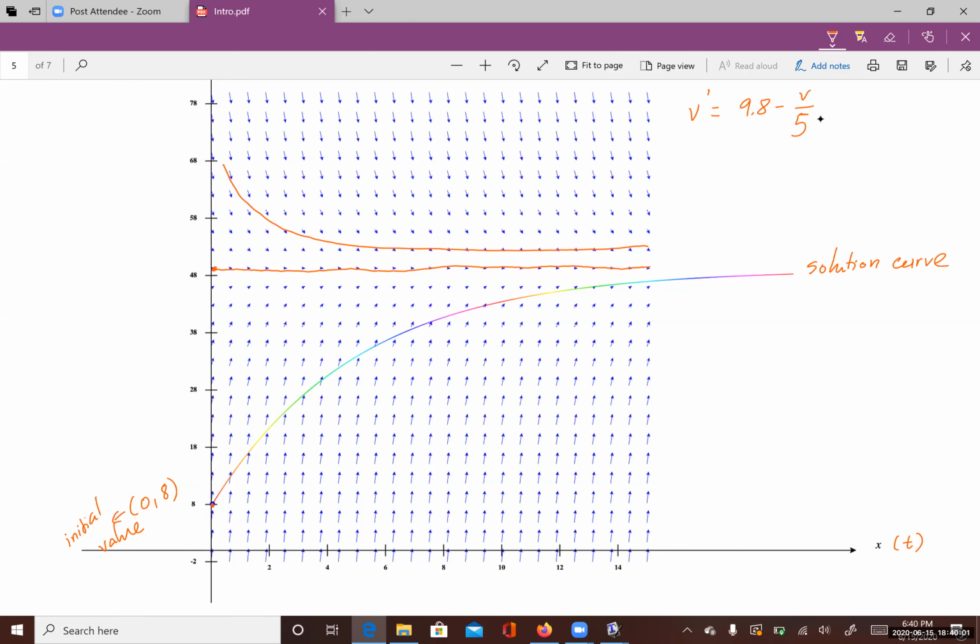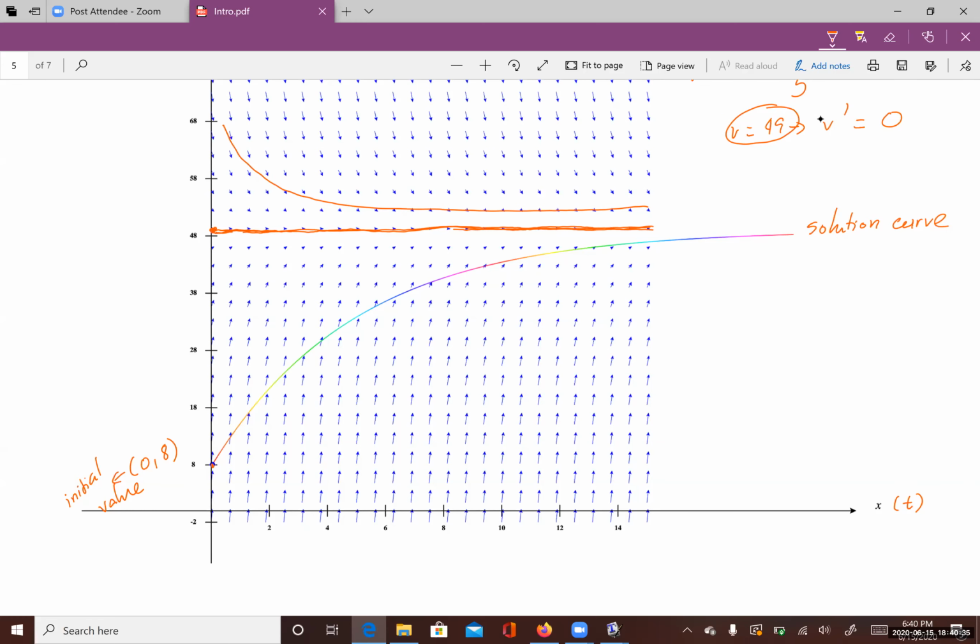So if you plug in v equals 49, then v prime equals 0. If you start at this point, the velocity of the object is not changing, it's just going to be a straight line. And later on, you will learn that v equals 49 is the equilibrium point.